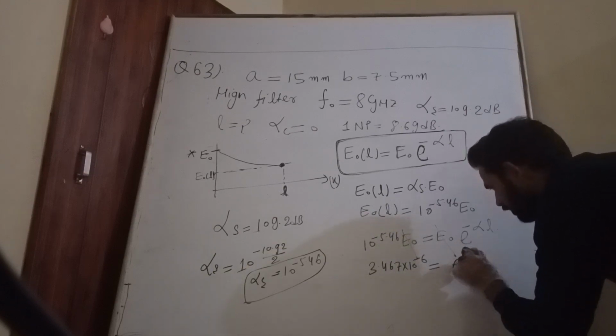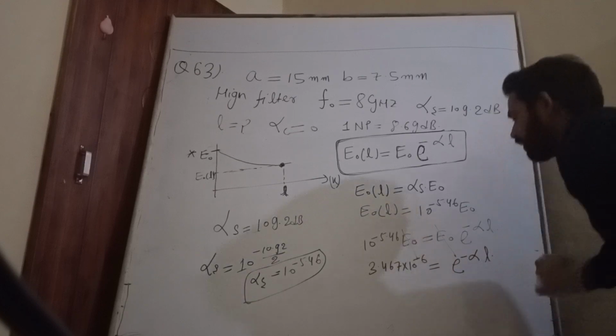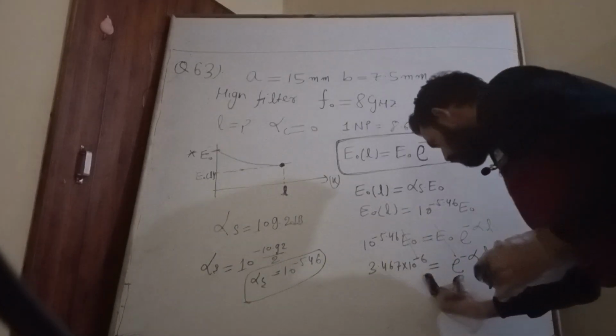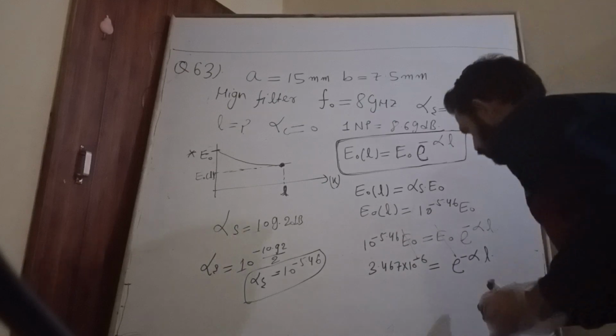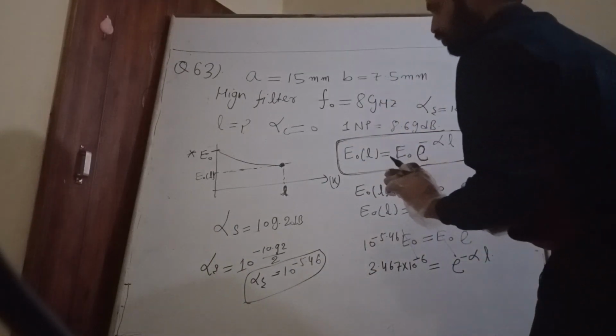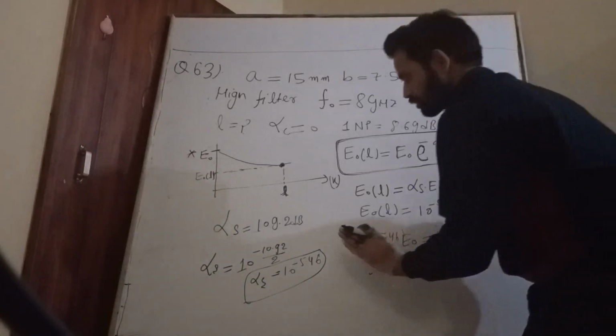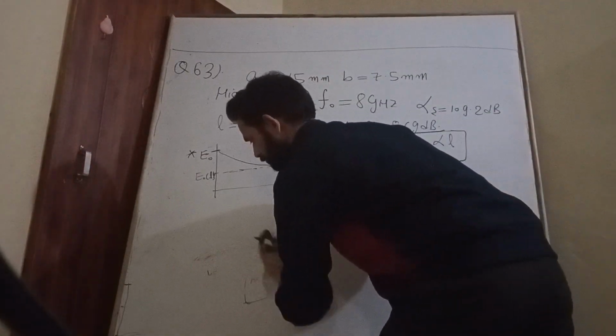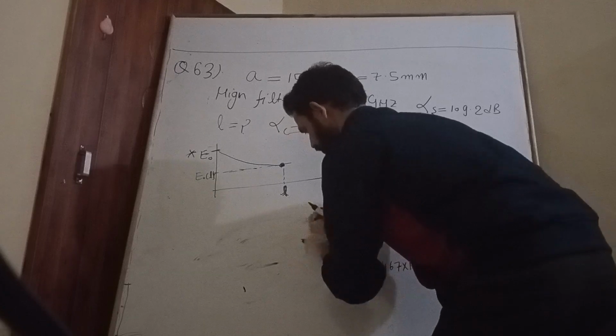Which is equal to minus alpha L. So now let us take the natural log on both sides.